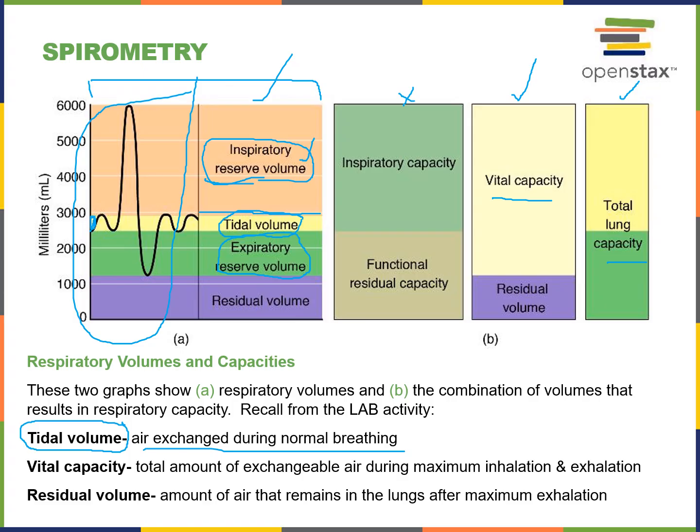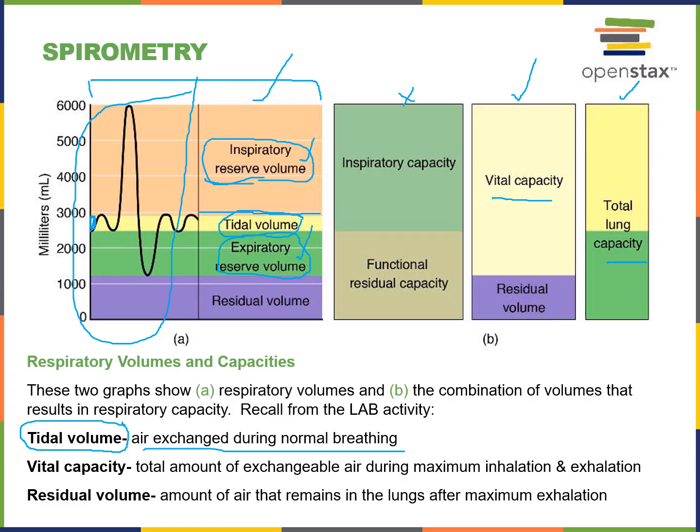There's also an expiratory reserve volume. So an expiratory reserve volume, this is like the flip side to inspiratory reserve volume. This is now the amount of air that you can send out of the lungs by a forceful expiration.